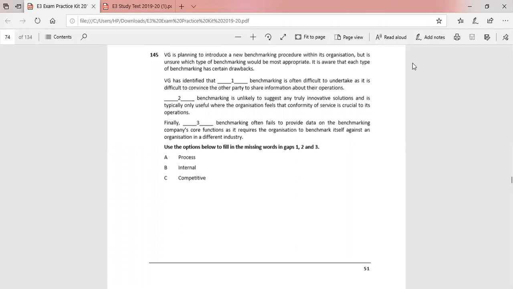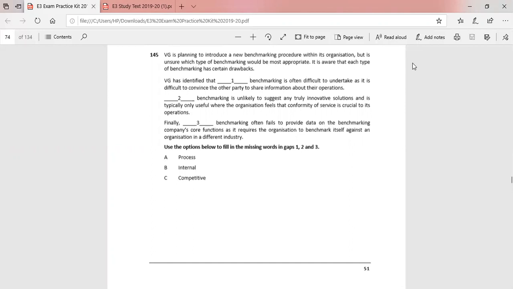Dash benchmarking is unlikely to suggest any truly innovative solution and is typically only useful where the organization feels that conformity of service is crucial to its operations. Finally, dash benchmarking often fails to provide data on the benchmarking company's core function as it requires the organization to benchmark itself against an organization in a different industry.